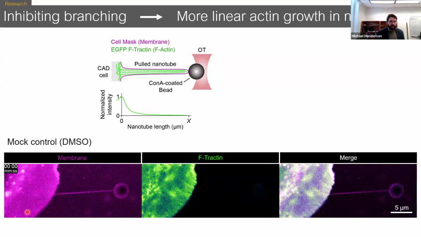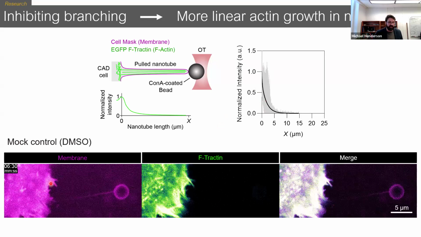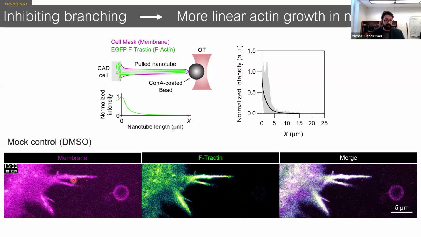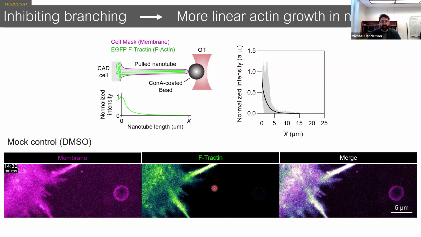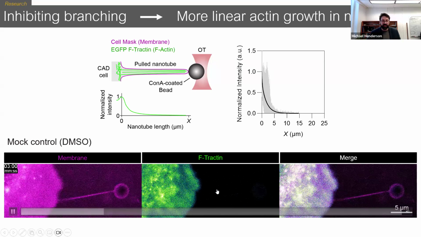And so this is a video of our mock condition where we just use the solvent vehicle, which is DMSO, to show that we don't actually see much recruitment of actin in these conditions. For example, you see here in magenta we have the membrane signal, and F-tractin is here in the middle. I'll replay this video. We don't see any actin growth within these tubes.